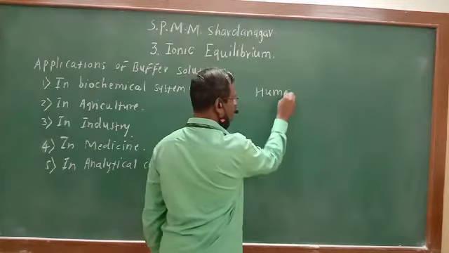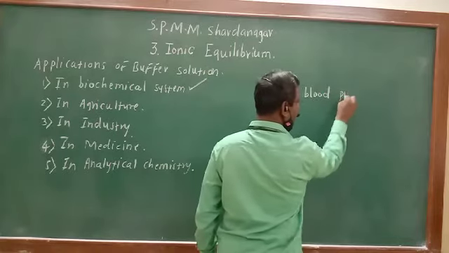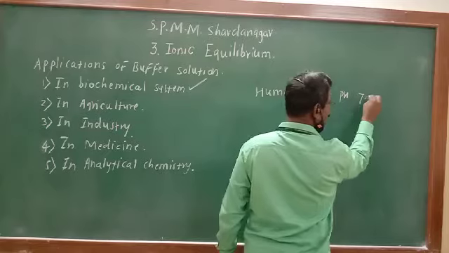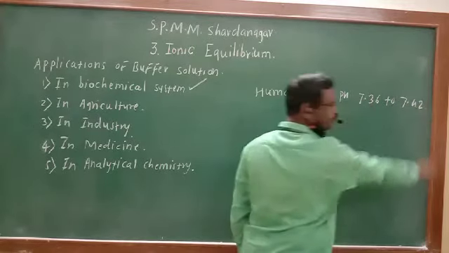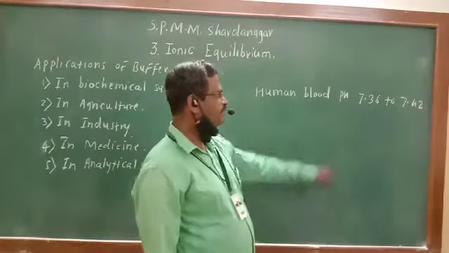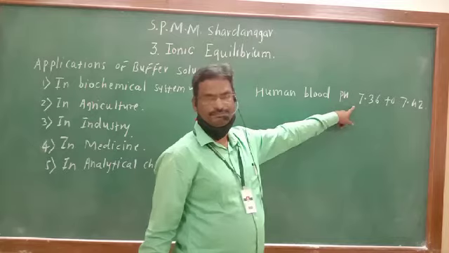Human blood has a pH within a range of 7.36 to 7.42. This is the range of pH of human blood.